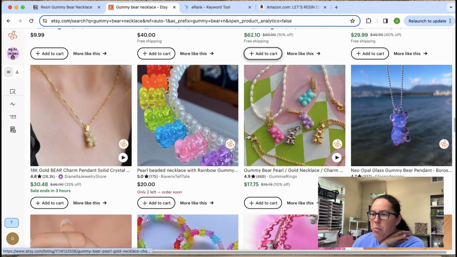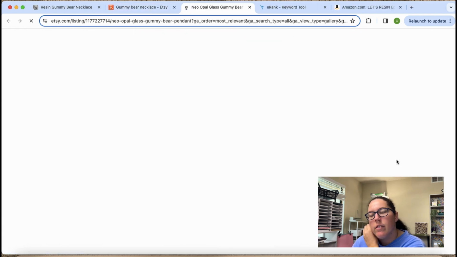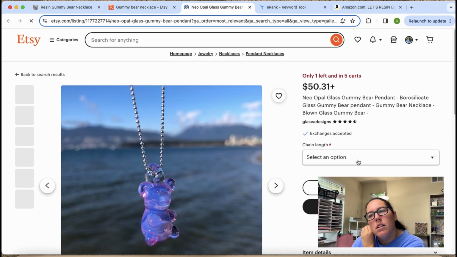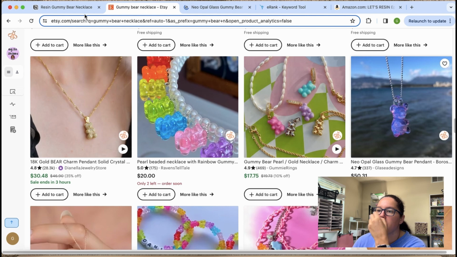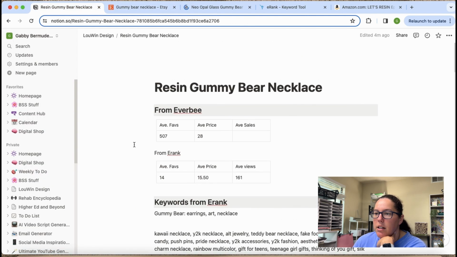And let's look at one more. Forget measure. Let's look at this one. This one has chain length as variations. And that's another part of the inspo, is different chain lengths. So I'm actually going to add that to mine.